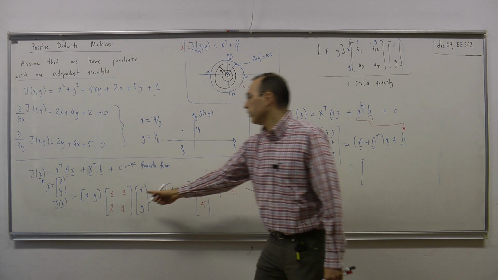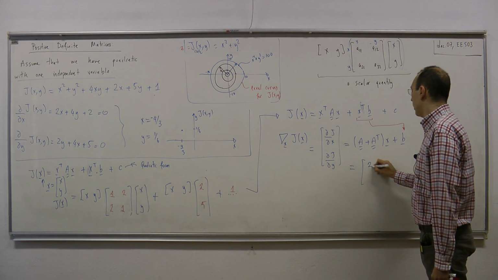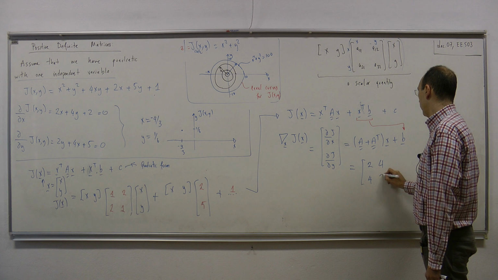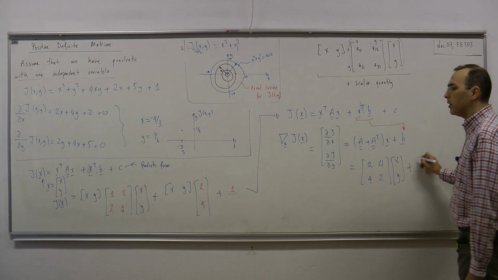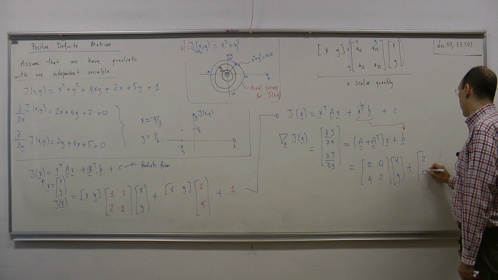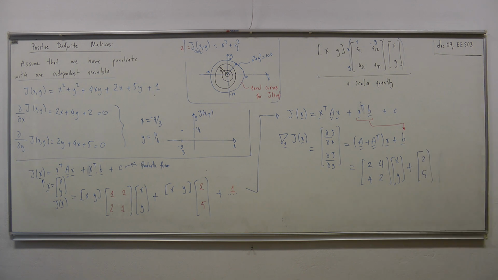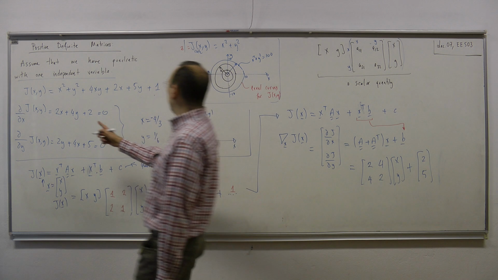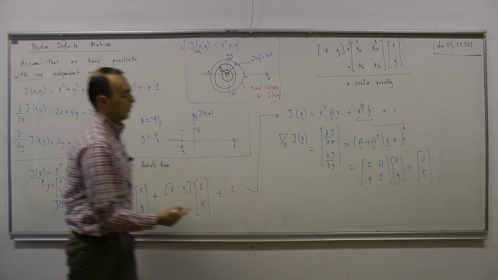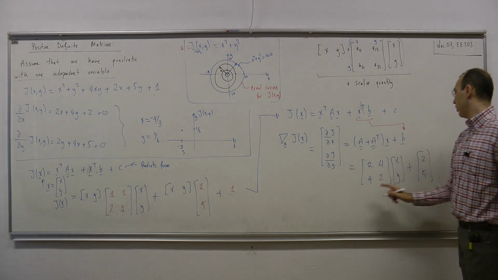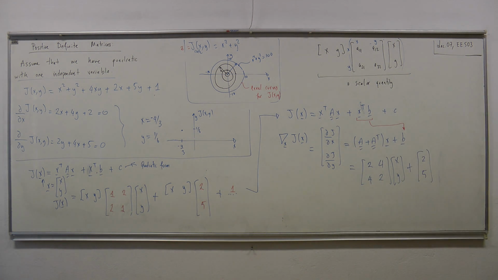Since it's already symmetric, I have 2, 4, 4, 2, times x, y, plus 2, 5. Okay, I have that.